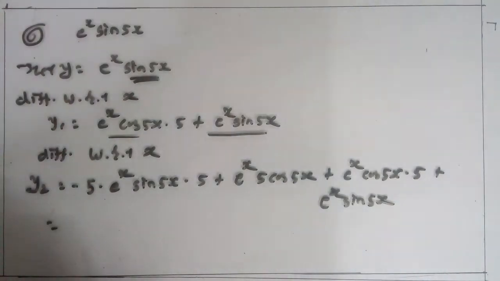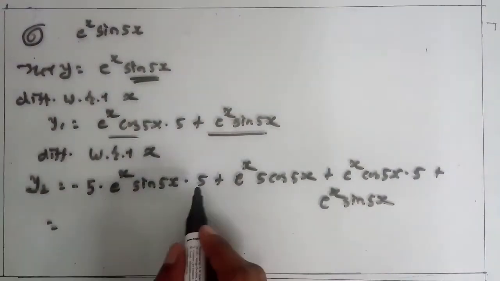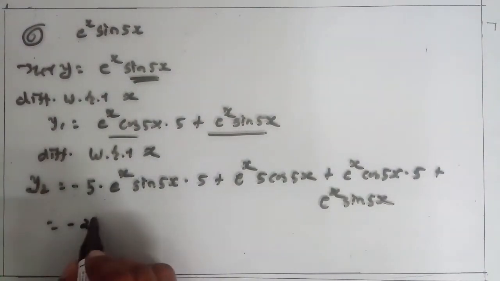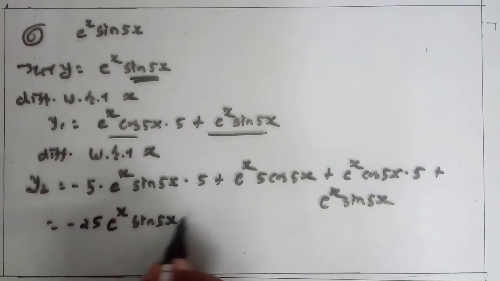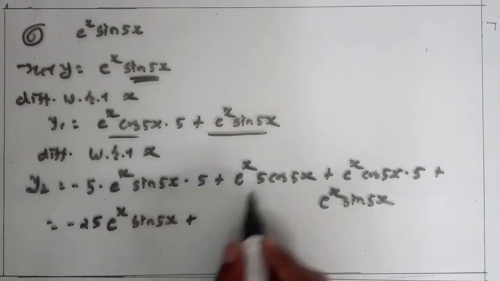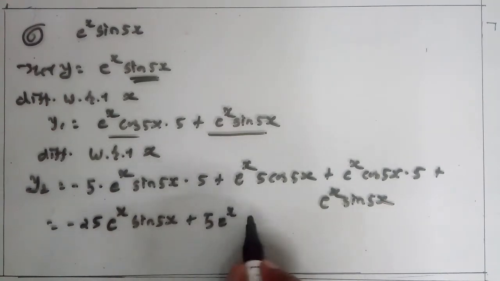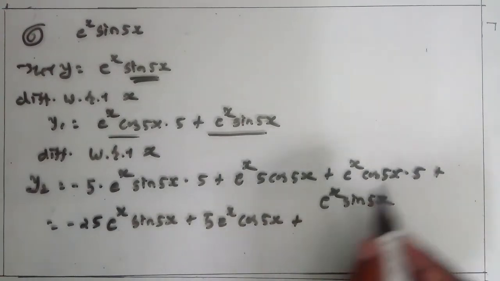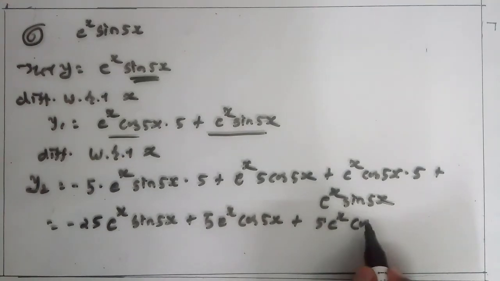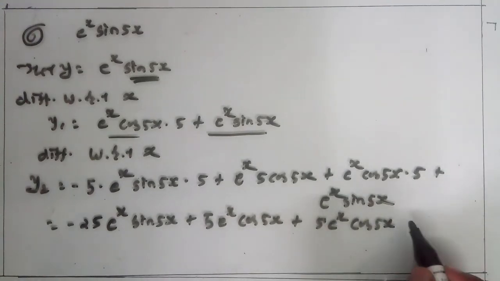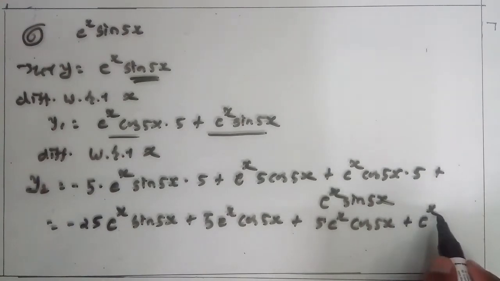So now simplify this: minus 25 e^x sin 5x plus 5 e^x cos 5x plus 5 e^x cos 5x plus e^x sin 5x. Clear?